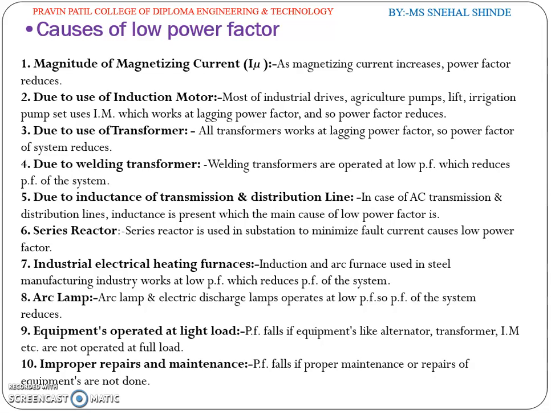Industrial electrical heating furnaces, so induction and arc furnaces used in the steel manufacturing industry, work at the low power factor, which reduces the power factor of the system. Next is the arc lamp. Arc lamps and electric discharge lamps operate at the low power factor.